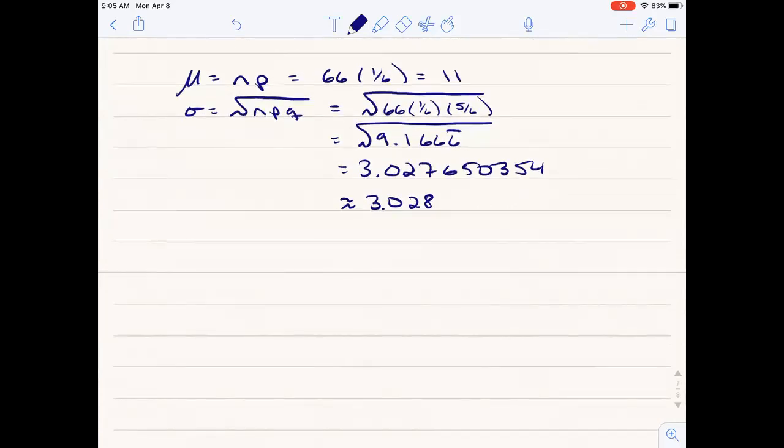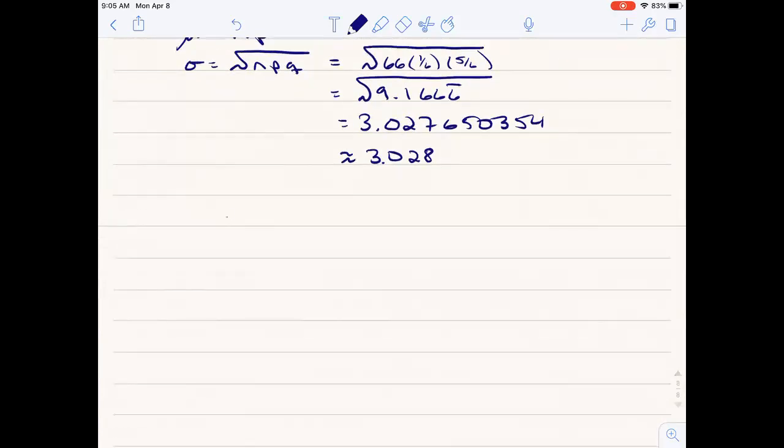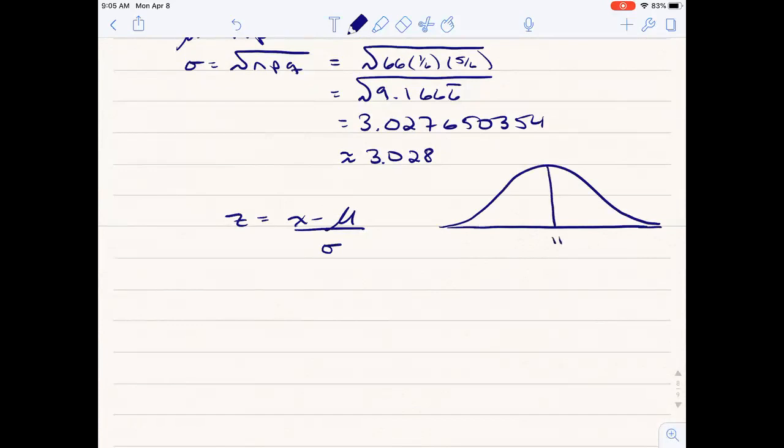So now we know mu and we know sigma. So now we can calculate z is x minus mu over sigma. In terms of a graph, the conditions were met, so now we've got a normal distribution with a mean of 11 and sigma of 3.028.